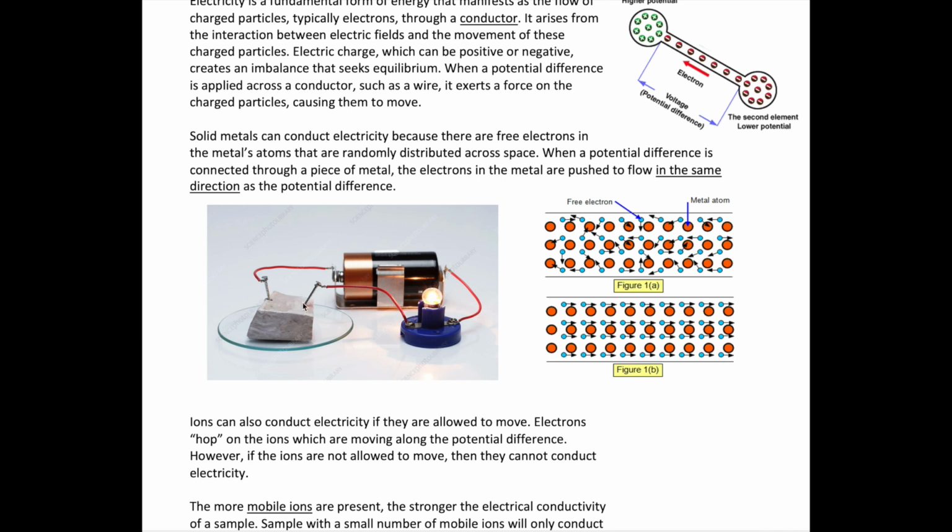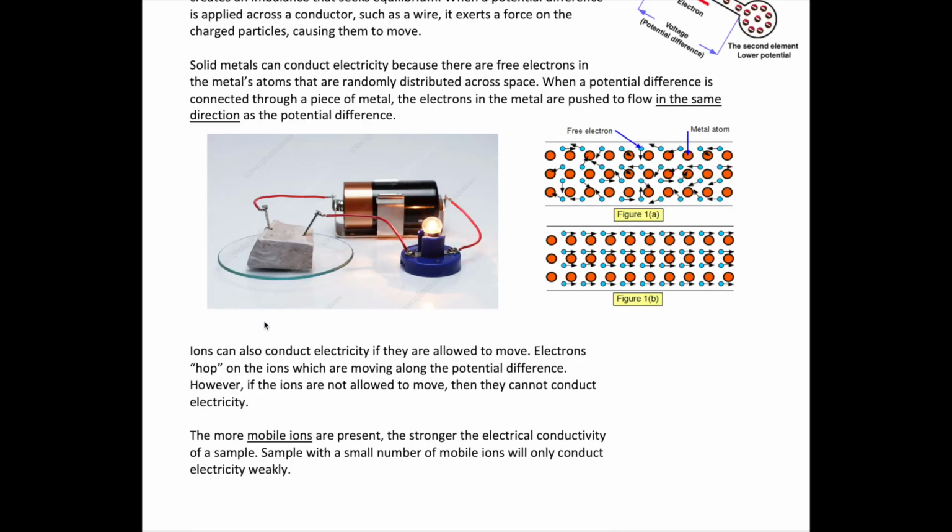If you don't have the sodium metal and these two nails are just held in air, this light bulb will not turn on. However, when you push both nails into the sodium metal, you see the light bulb turn on. The reason is that now the electrons can flow. This is the negative end, so the electrons get pushed through and go into the positive end of the battery.